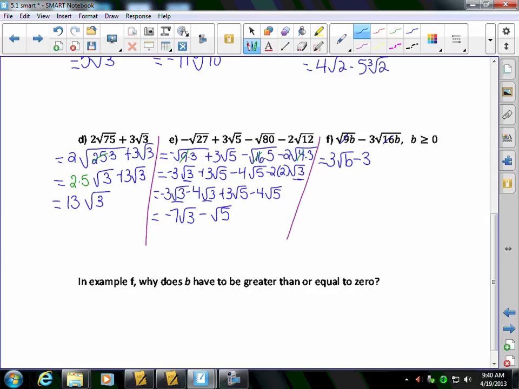So when I take care of that 16, I have to multiply it to my coefficient there. So this is 3 square root b minus 12 square root b. So my answer is negative 9 square root b. All I did was go 3 minus 12 to get negative 9, and I keep my radical.